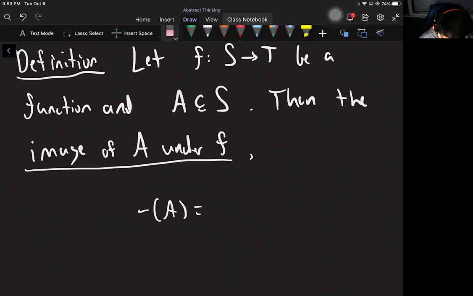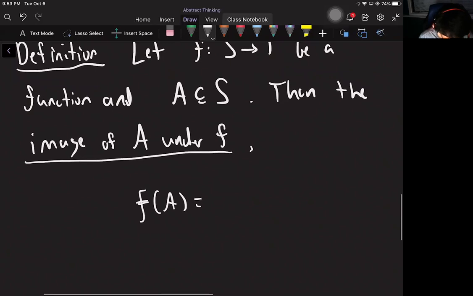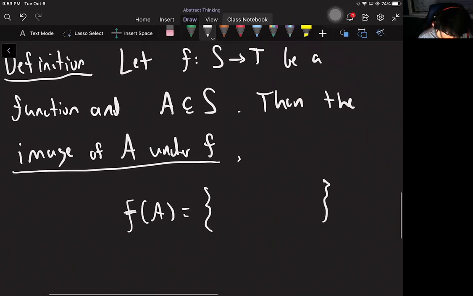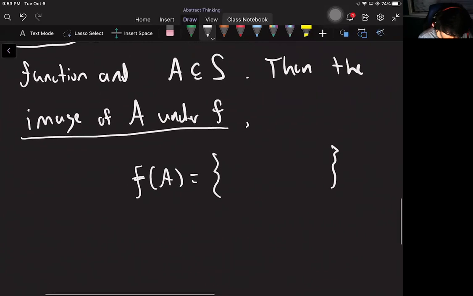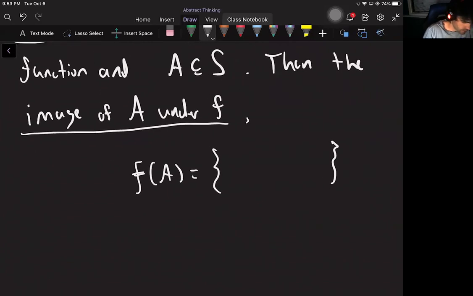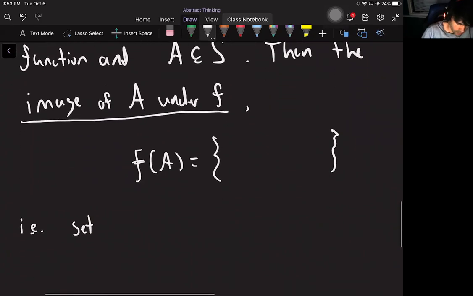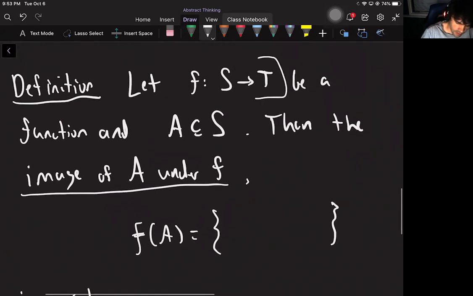So let's see if we can describe it in complete generality, just by thinking about what it's doing. So first of all, where do the elements of this set live? Maybe I'll write down the idea first before I try to use the fancy notation. Well, it's all the elements that the elements of A go to. And they all go into T because T is the codomain.